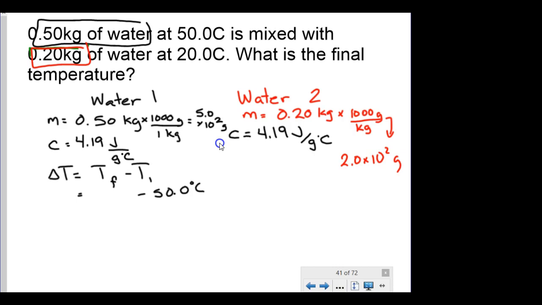The final temperature of the water, once they were mixed together, was 20.0 degrees Celsius, which means the temperature of the substance has dropped 30 degrees Celsius. Oh, sorry. No, I'm mixing them up.